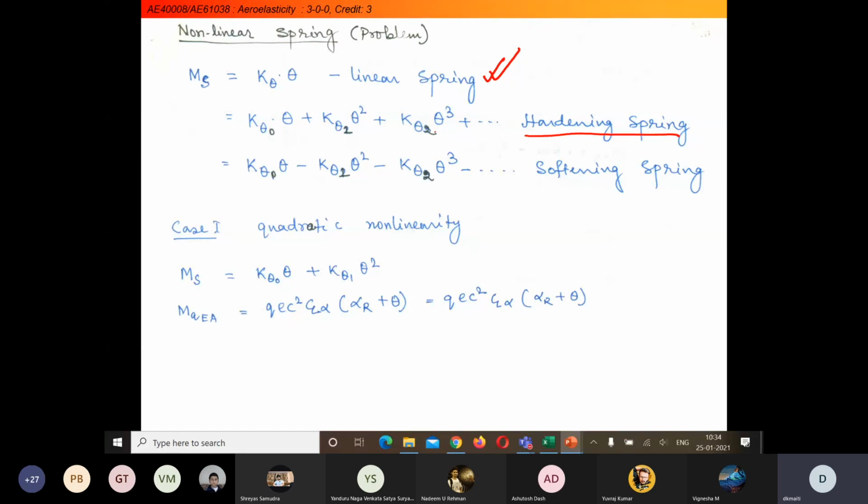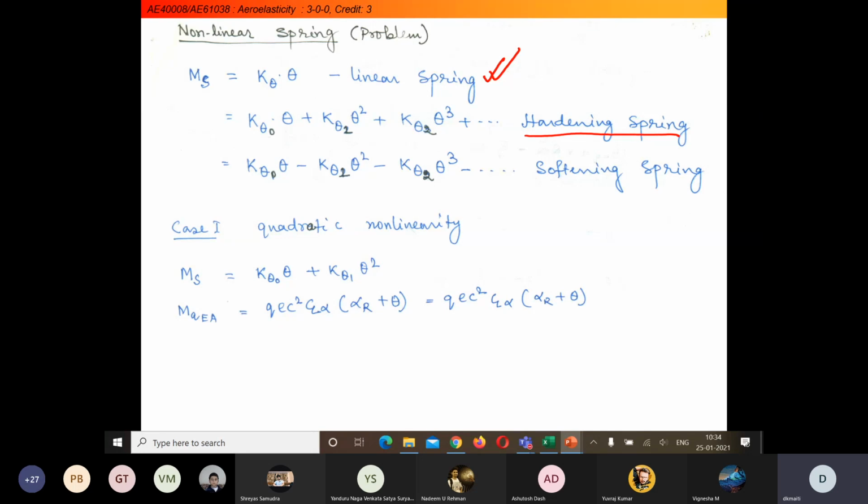Then, depending on our interest, we can take the number of terms. Only, as we go to higher order terms, the complexity of solving this equation will increase. We have to see up to what level we can consider, with respect to the computational facility available.